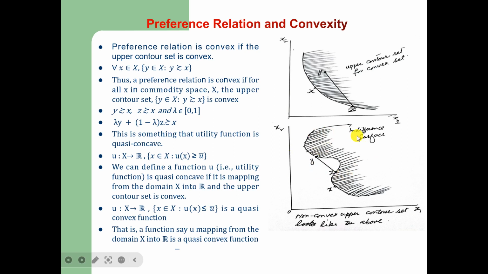So this is a quasi-convex function. This is not quasi-concave, and this is a non-convex upper contour set, which looks like this, and that is x in the commodity space such that utility of x is less than some given level of utility.